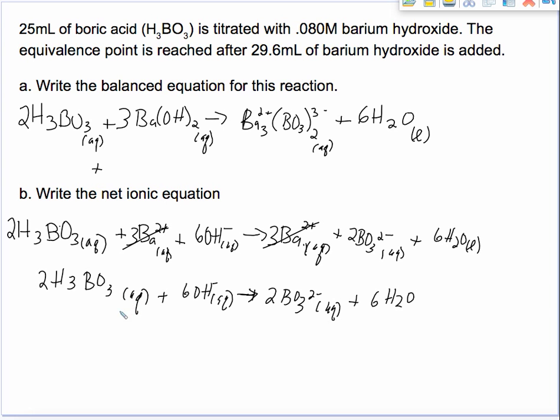Okay, so that looks like everything's balanced. But there's one last thing that you can do is 2, 6, 2, 6 can reduce down to, you can get rid of that and put a 1 there, and a 3 here, and a 1 here, and a 3 here. That should, let's see here. Oh, wait a minute here. We got 3, and 3 is 6, and we got 6 over here, so I guess that's right. All right, so that's your net ionic equation.